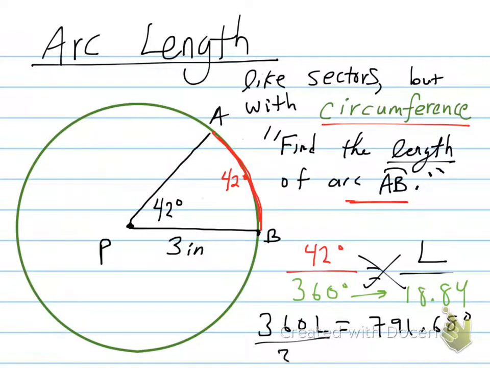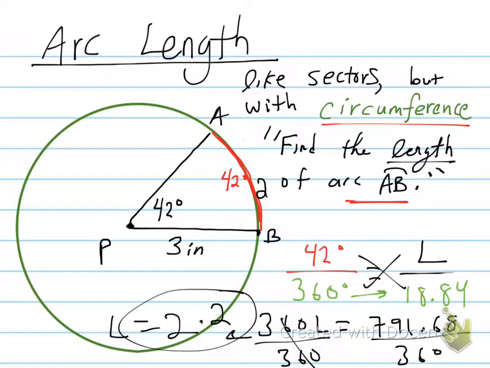One mere L, the length of our arc, is that divided by 360, that is degrees, but it's going to cancel out anyway. And that divided by 360 gives us a final arc length, drum roll please, of L equals 2.199 or 2.2.